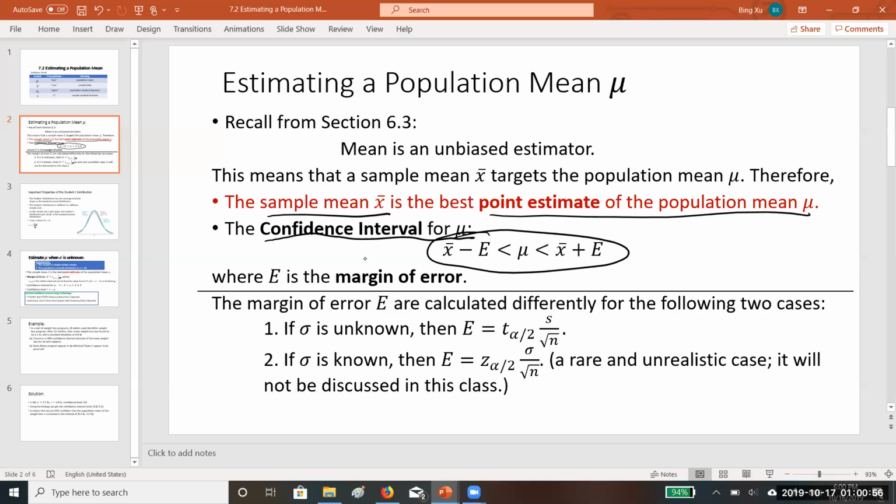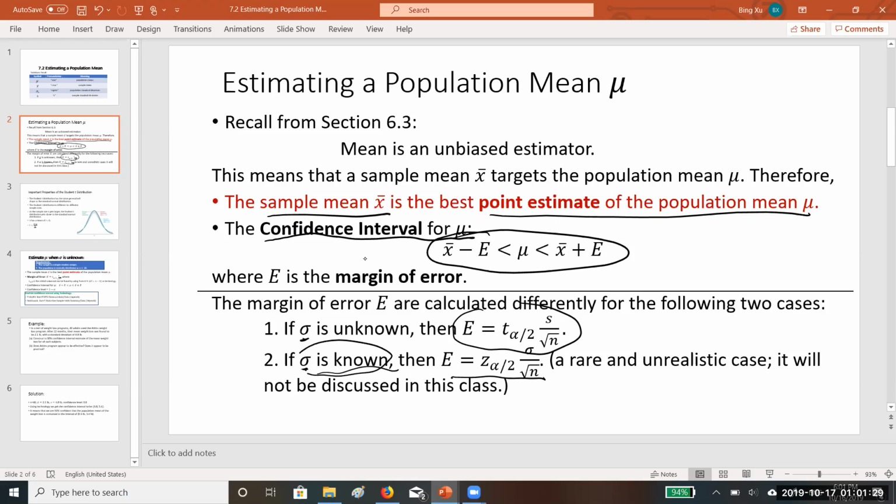So two cases. One case is sigma is unknown. Recall that sigma is the population standard deviation. When population standard deviation is unknown, we use this formula to estimate E, and when population standard deviation is known, we use this one.